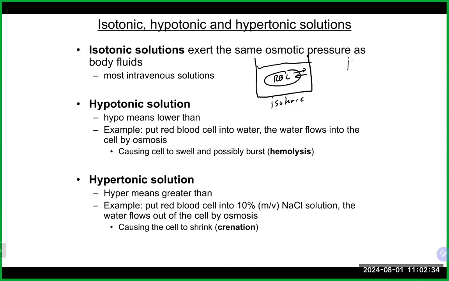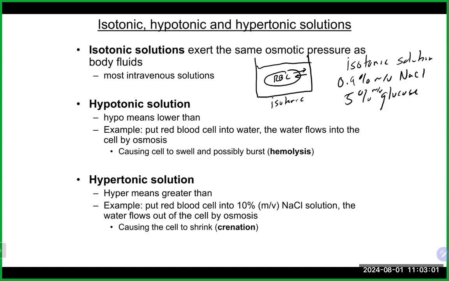When we talk about an isotonic solution, usually it's two types of solutions we oftentimes refer to, and that is 0.9% mass to volume sodium chloride, or a saline solution or some type of ionic solution, and a 5% glucose solution, sugar solution. So 0.9 and 5% are considered isotonic solutions.